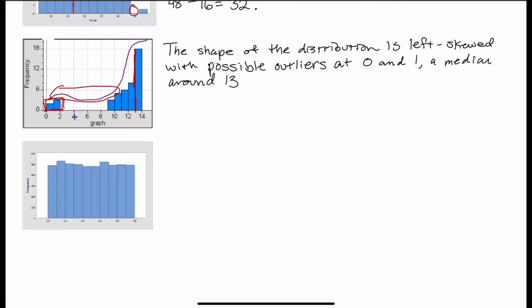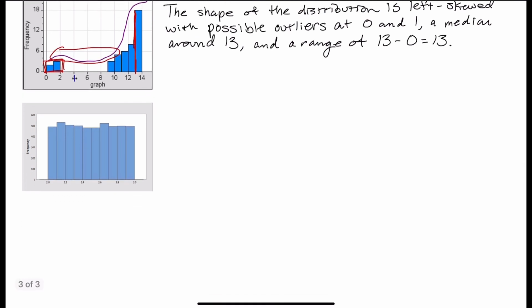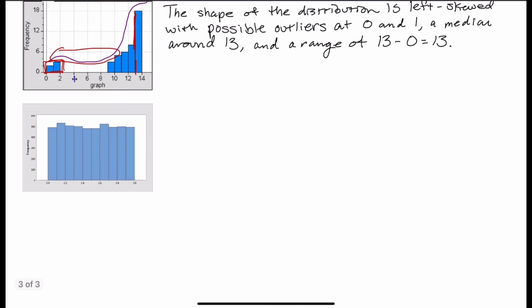So we can say that the median is around 13, and a range of, well, our max is definitely 13, and our minimum is 0, so that's going to give us an exact range of 13.